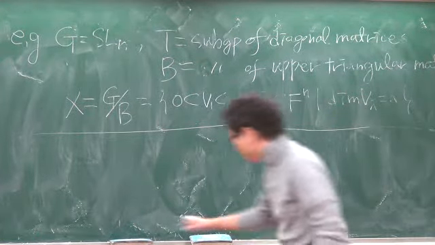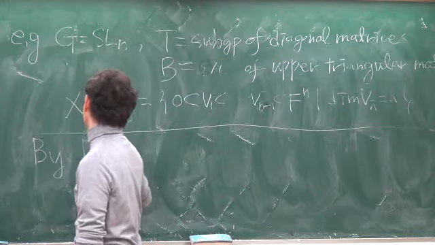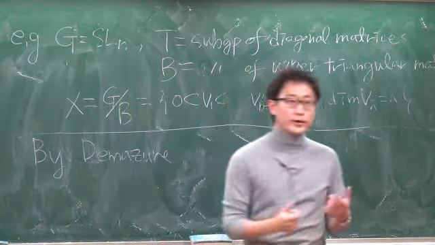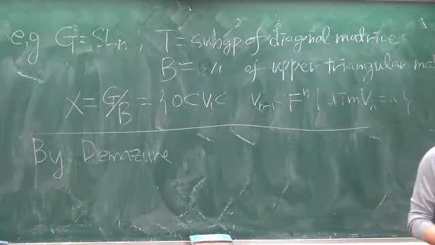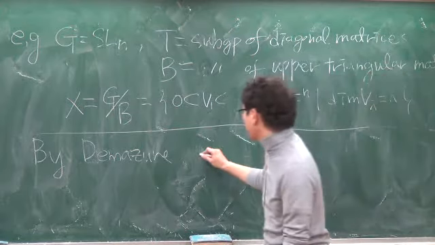And now, by Demazure, there are two characteristic maps, from the group ring and from the symmetric algebra.